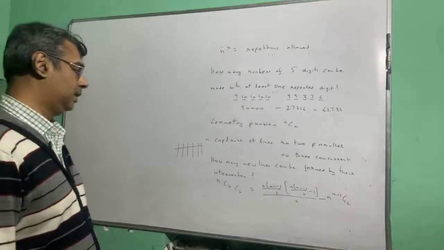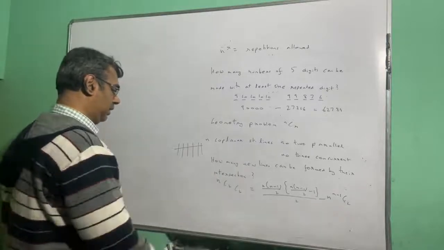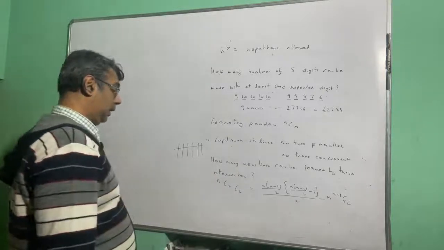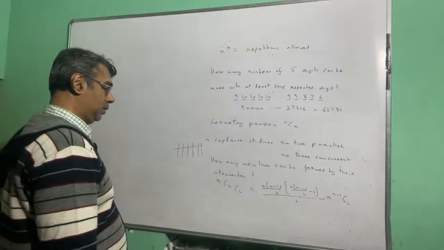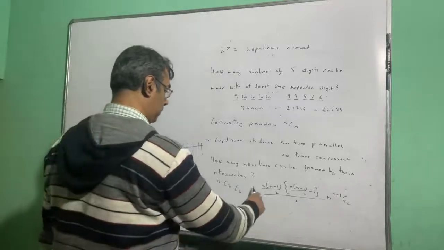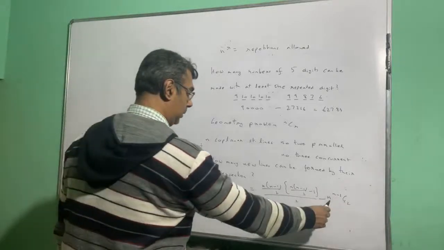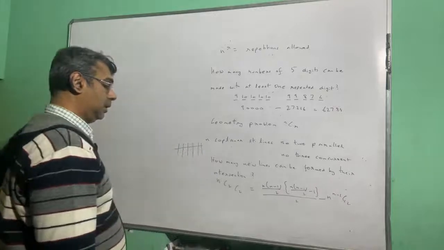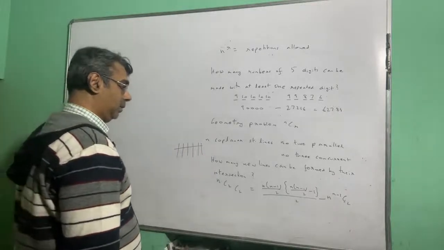So I'll just repeat this again. You have n coplanar lines, so the number of intersection points will be NC2. Now out of NC2 you have to take 2 at a time, so NC2 C2. So NC2 C2 will be this calculation, and then you have to subtract this number. What is this number? Every line will meet all other lines at n minus 1 points.